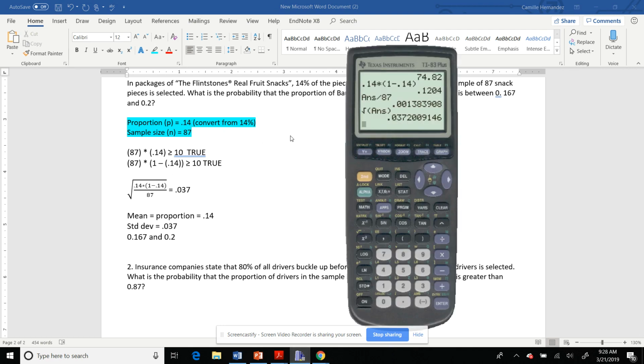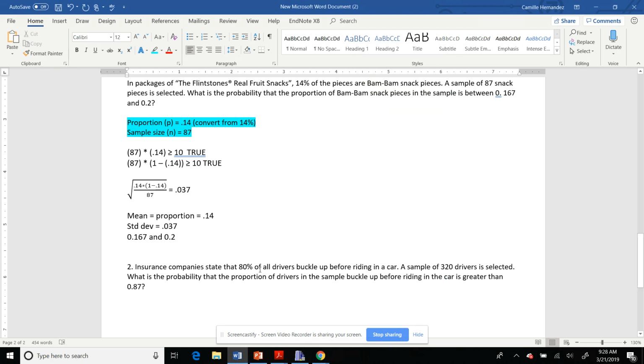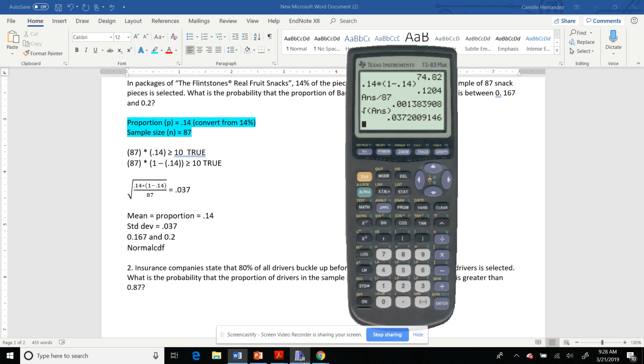Okay, because again, it wants the probability. This is a normal CDF problem, normal CDF. So let me go ahead and put it in there. Okay, clear it out. So then I'm going to do second distribution.